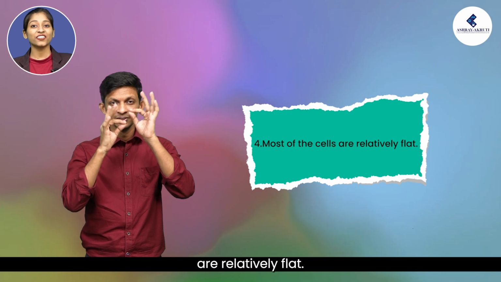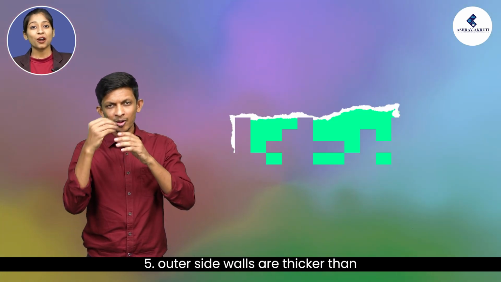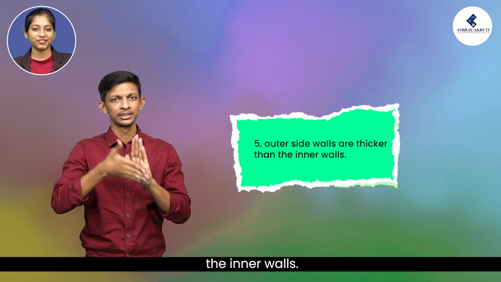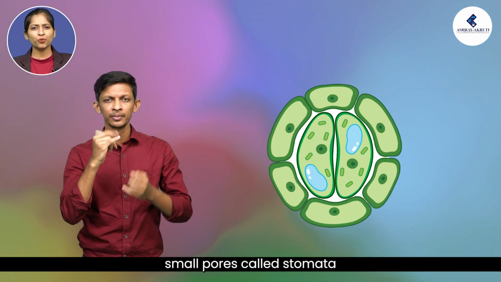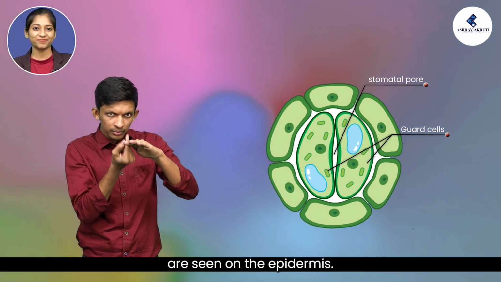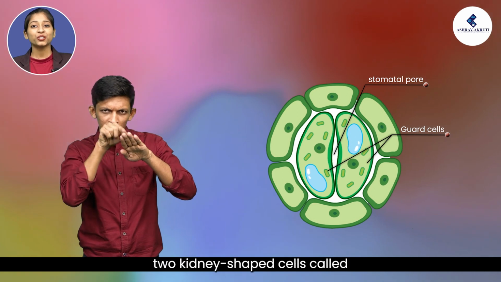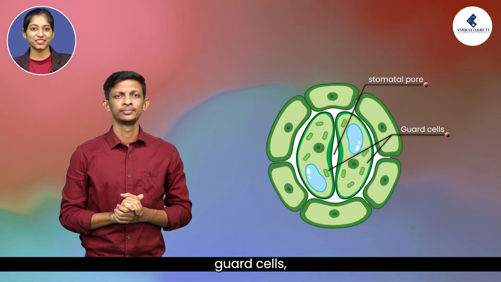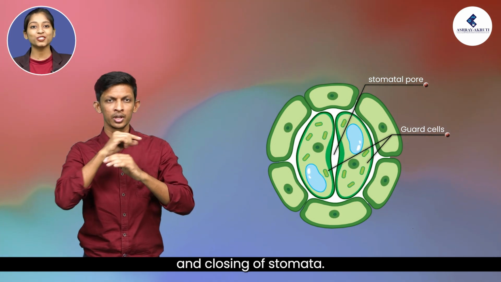Most of the cells are relatively flat. Outer side walls are thicker than the inner walls. Small pores called stomata are seen on the epidermis. Stomata are enclosed by two kidney-shaped cells called guard cells, which help in the opening and closing of stomata.